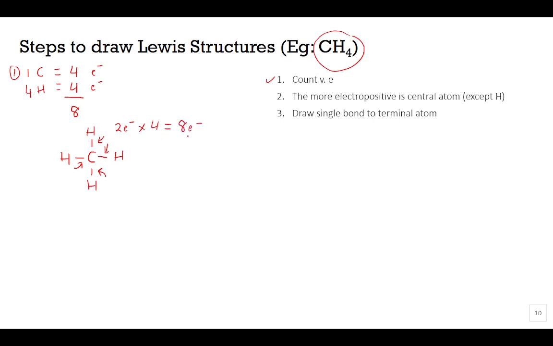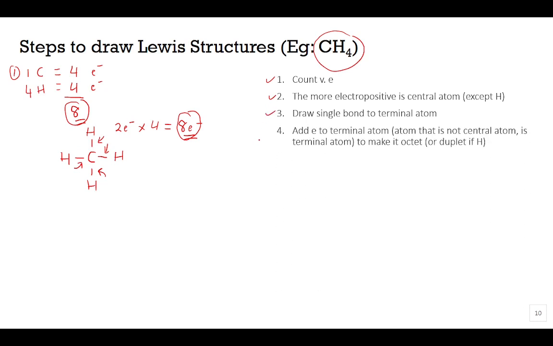So 8 electrons are already used. All of the valence electrons are used for the bonding pairs. Next, add electrons to the terminal atoms. We cannot add electrons because we already used all of the electrons that are available.